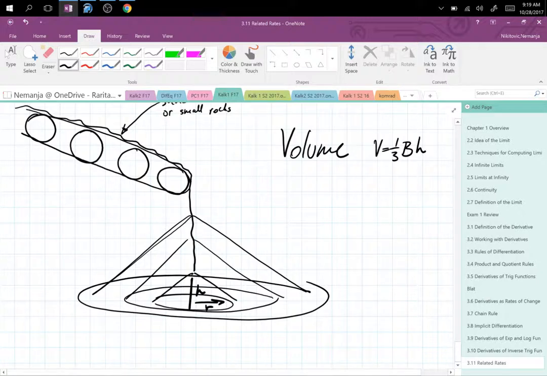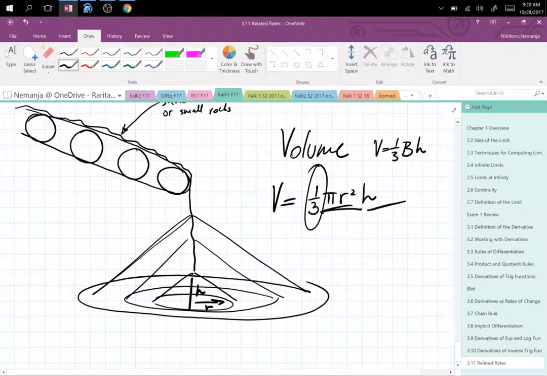And what's the base? Circle. So the volume equation for this must be 1/3 pi r squared h. You make this formula. You don't memorize it, you make it. Spiky object, circle in a base, times the height. It's very systematic if you sit down and learn.